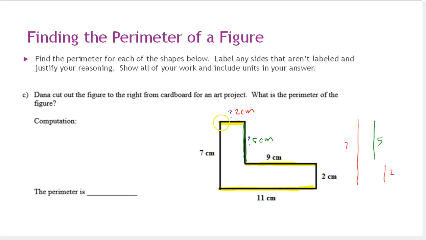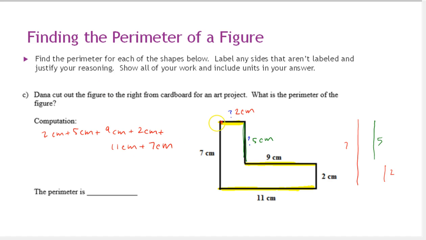I'm going to start here, and I'm going to go around the perimeter. So we have 2 centimeters plus 5 plus 9, so 2, 5, 9. Then we have 2, 11, 7, plus 2 plus 11 plus 7 centimeters.